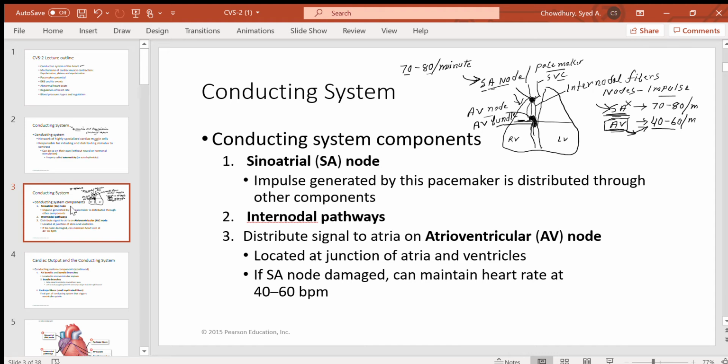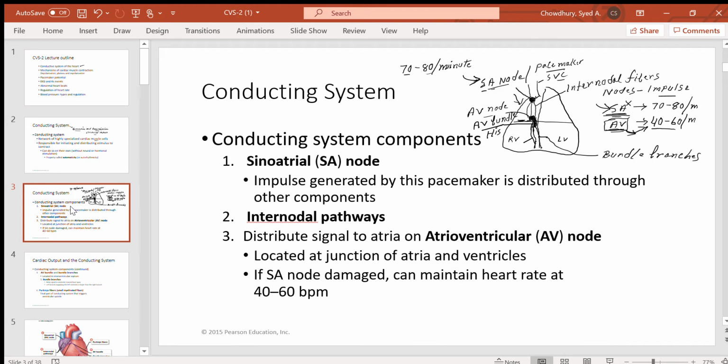The AV bundle, also called the bundle of His, divides into right and left bundle branches. How many? Two, right and left.